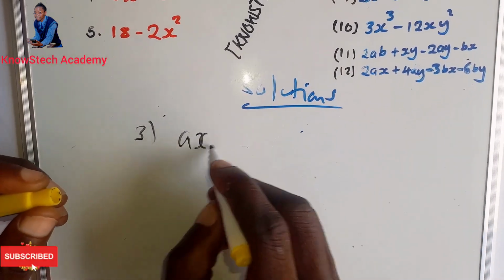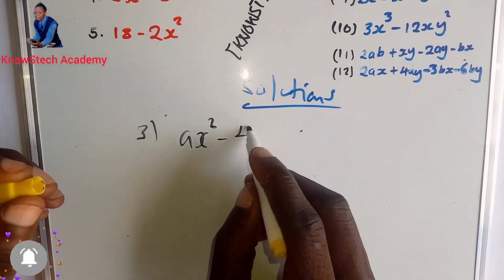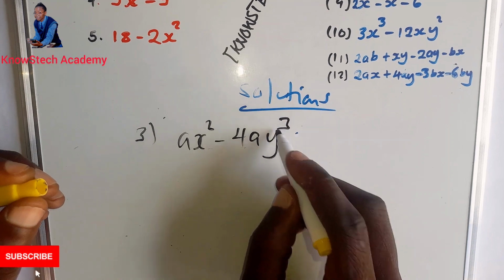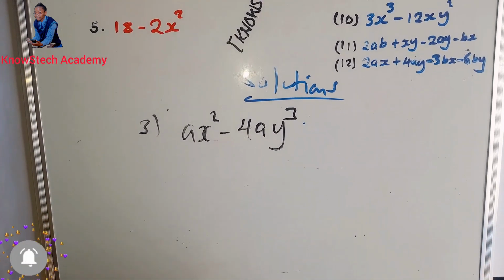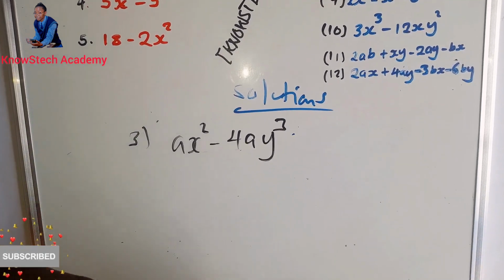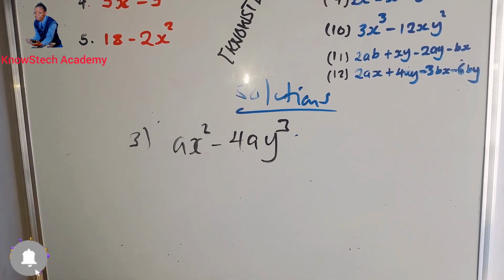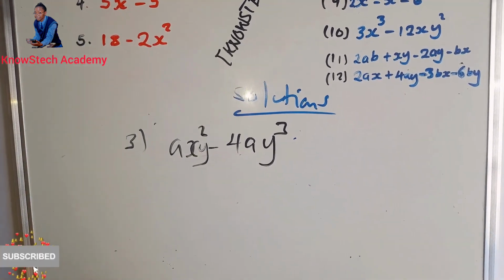is ax squared minus 4ay to the power 3. Okay, factorizing this, first you look for what is common. If you look closely, a is common. There's ay here, there.